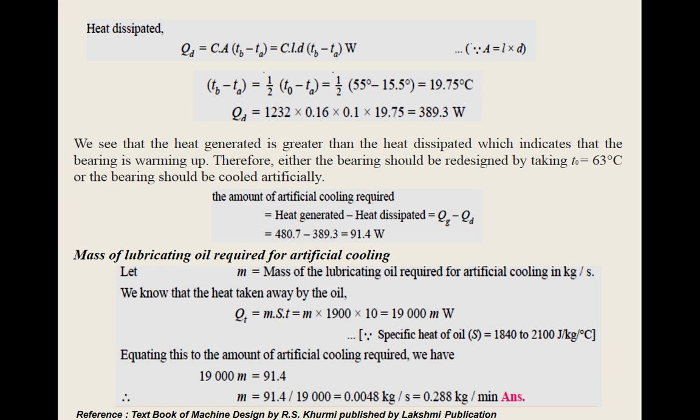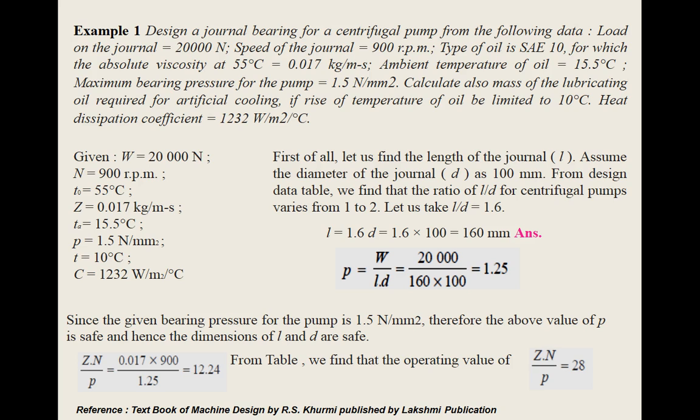So this is the complete problem. In the design procedure, what we have done is take the value of L and the value of D, and check L and D by the bearing pressure P. After that, we calculate the value of Zn/P and check it against the value given in the design data book.